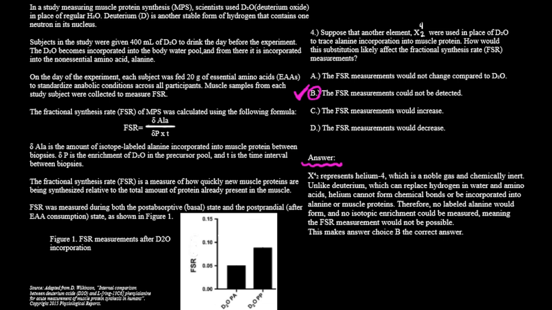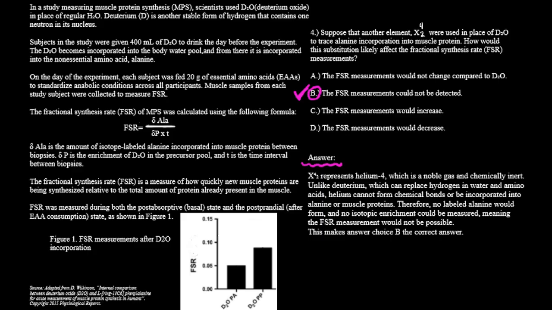Now, here's a question for you. Let's think critically. Can we use helium to trace the incorporation of alanine into muscle protein? Can helium be incorporated into alanine molecules? What do you think? The answer is no. The amino acid alanine is composed of carbon, hydrogen, oxygen, and nitrogen. It does not contain helium. Because helium is a noble gas and does not form chemical bonds with other atoms under normal conditions, it cannot be incorporated into alanine or any other organic molecules.